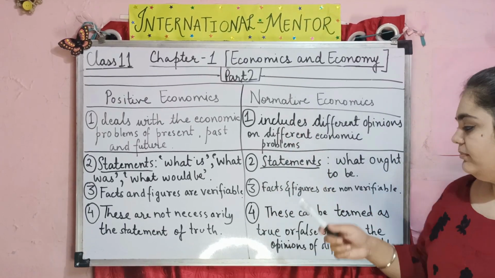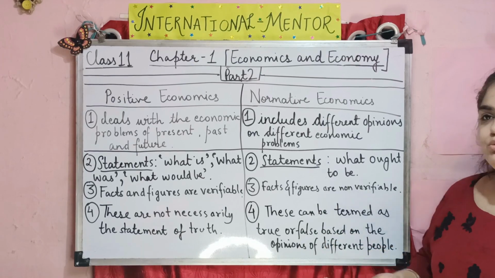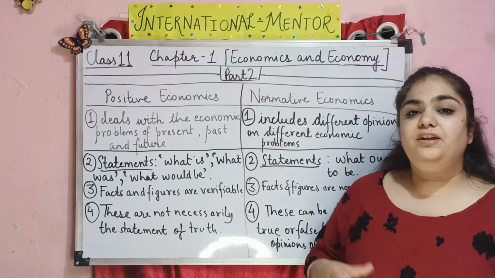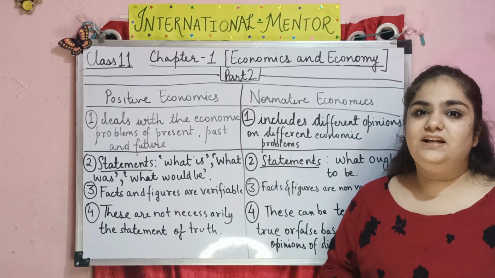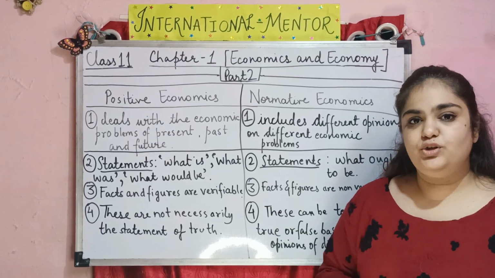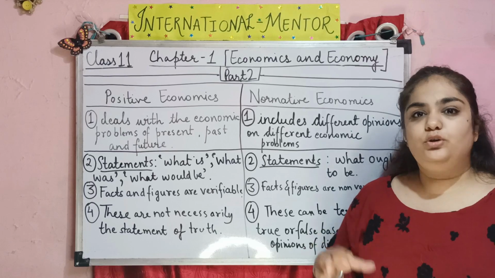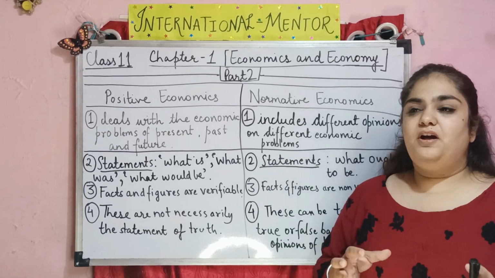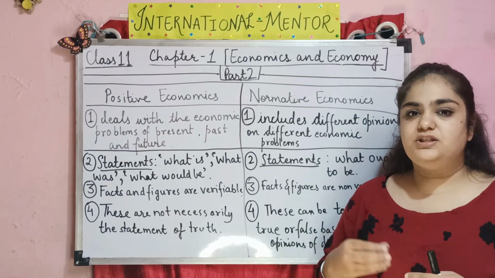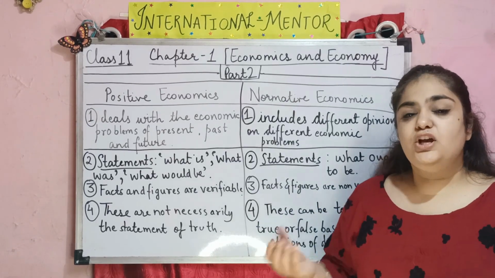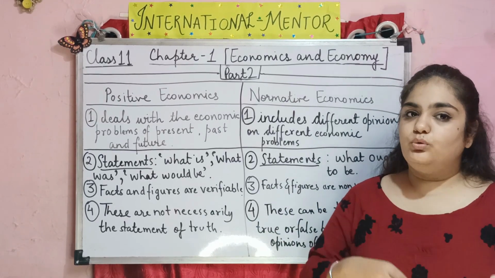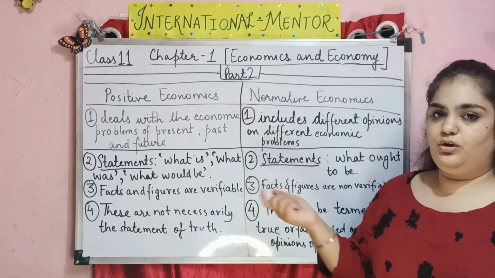Then normative economics statements are termed as true or false because every person has a different perspective. If for me a situation is true and for another person it is false, so the same situation can be true or false in normative economics.